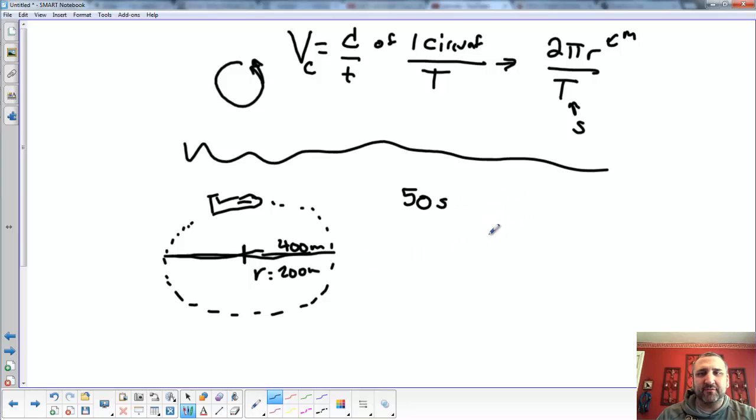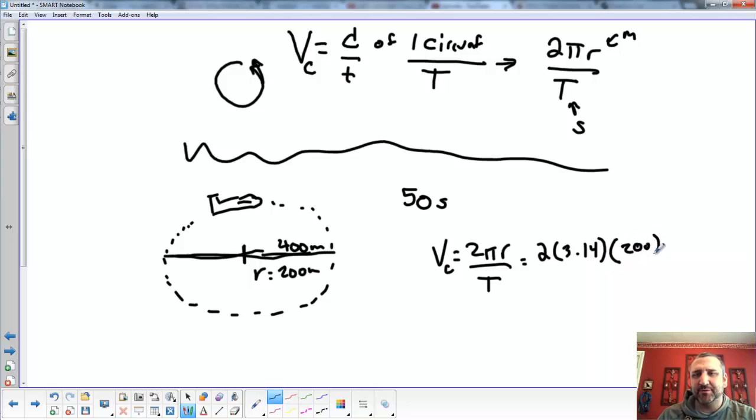So now all we have to do is plug and chug, and the equation is v_c equals 2 pi r over the period, which is 2 times 3.14 times the radius, which is 200, all over 50 seconds. 2 times 3.14 times 200 divided by 50.